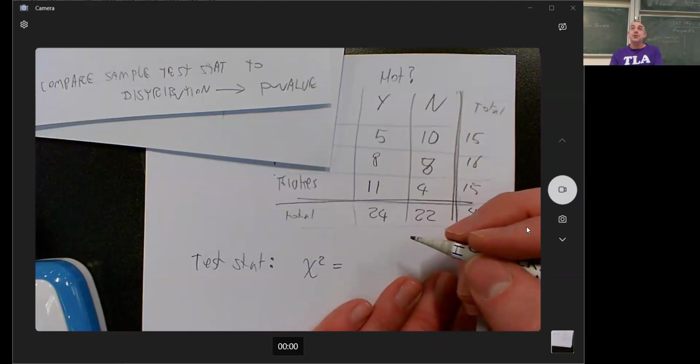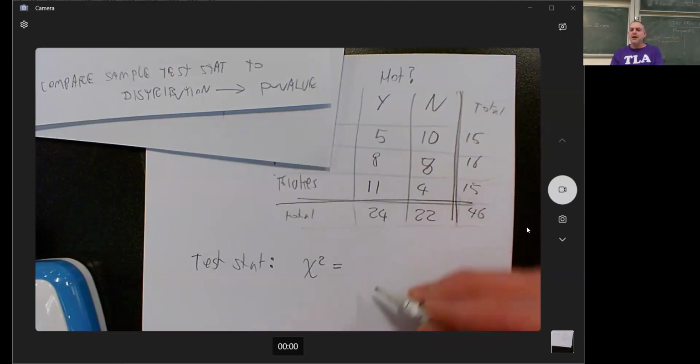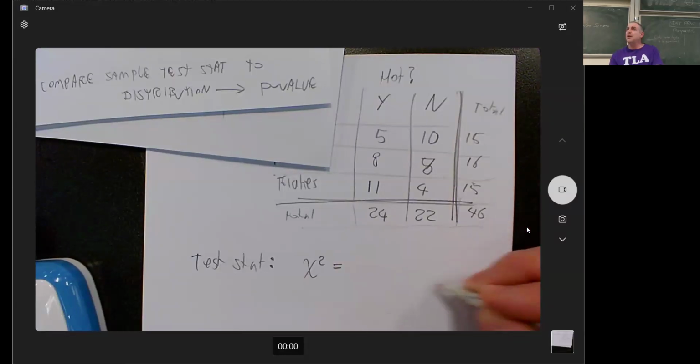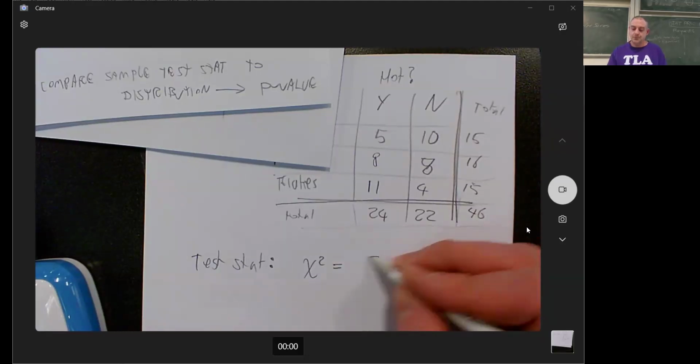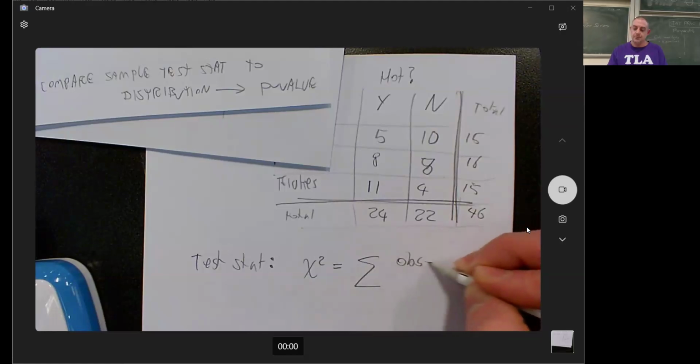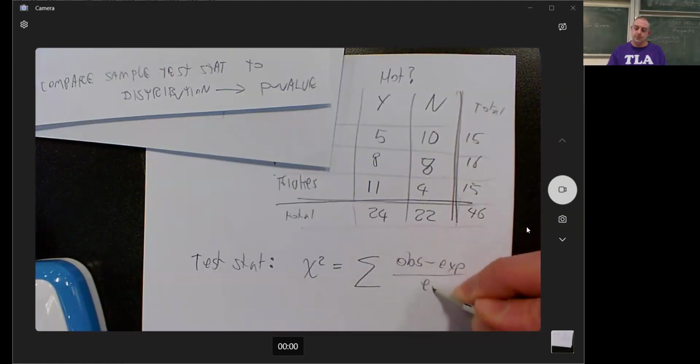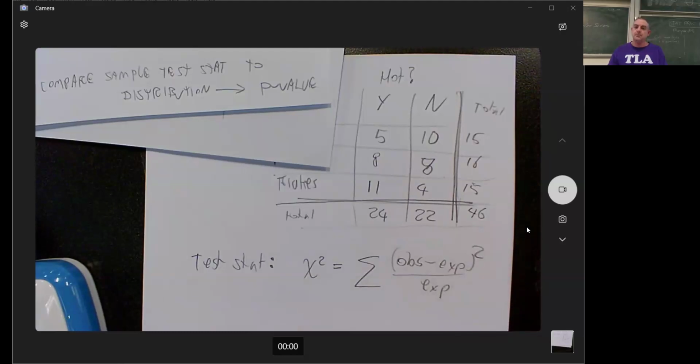It has a description of how to do it. The formula might have been a sum sign and observed minus expected squared over expected. Does that sound familiar? I mean, that's how I do it. Pretty sure that's it.